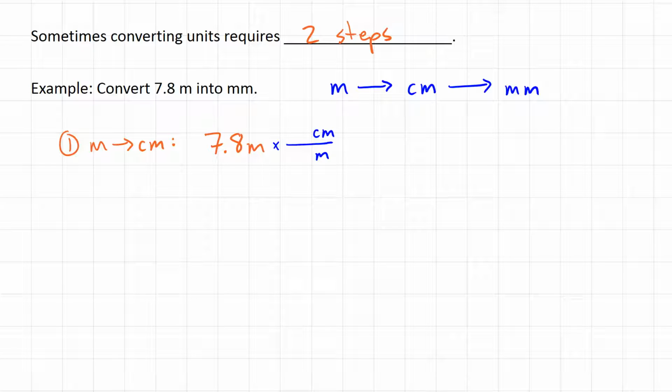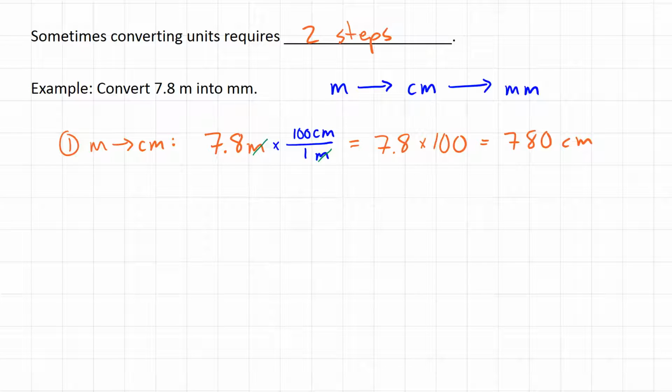And we go to our table and we find that there are 100 centimeters per 1 meter. So this is getting rid of our meters and it's going to leave us with centimeters. So this is going to be equal to 7.8 times 100 is equal to 780 centimeters.